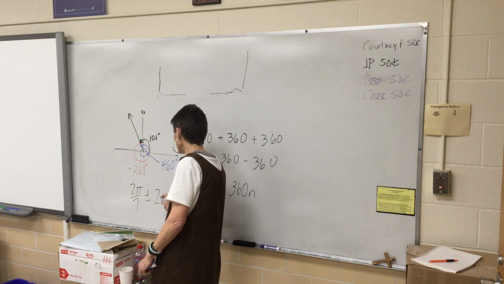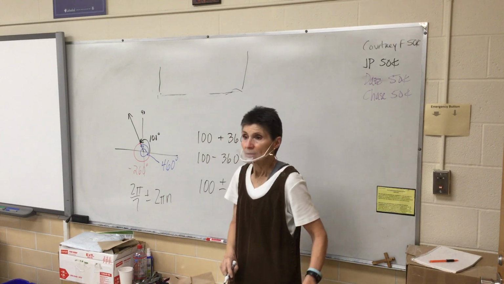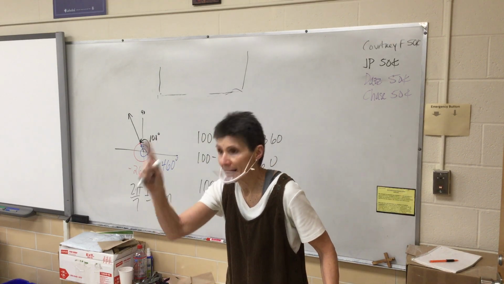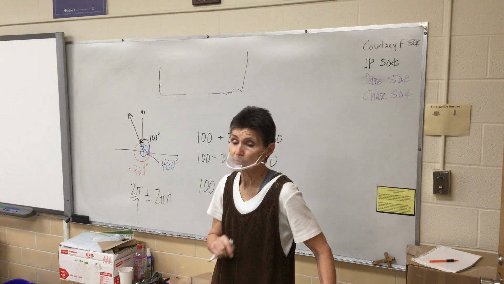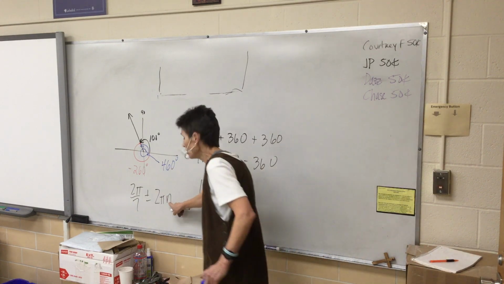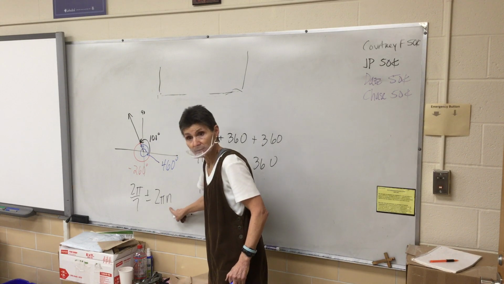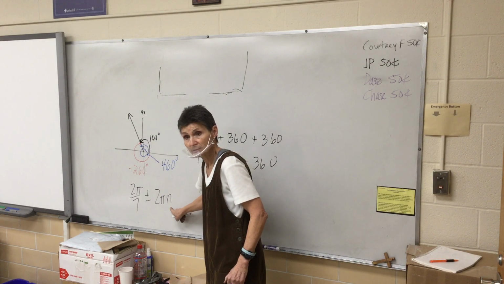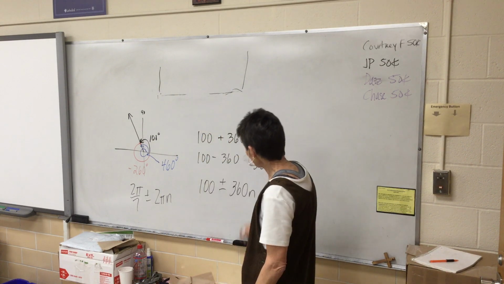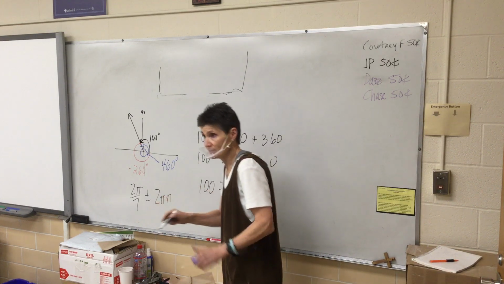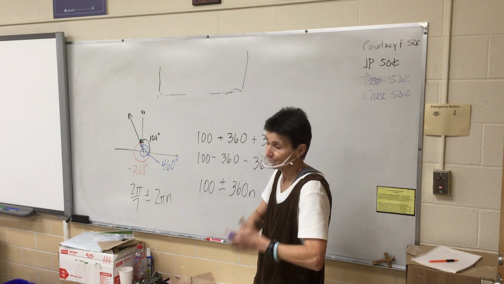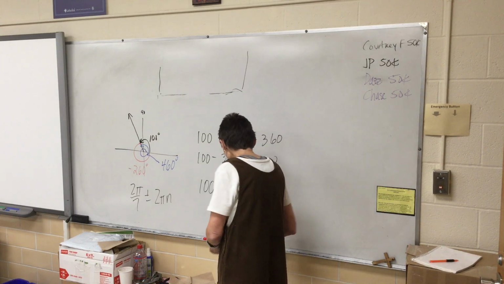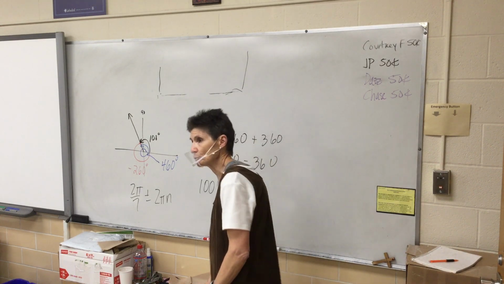So that's going to be 2 pi n. If you want 1, you'll add 2 pi or subtract 2 pi. If you want 2, you'll add or subtract 4 pi, 2 pi's. And so on. So this is how we write all of the coterminal angles if you are asked for that. To get 1, you just add or subtract a revolution.